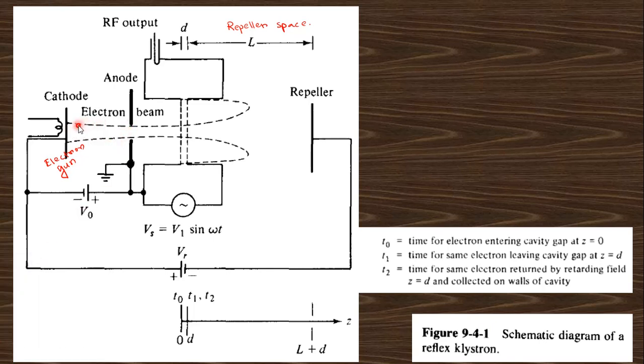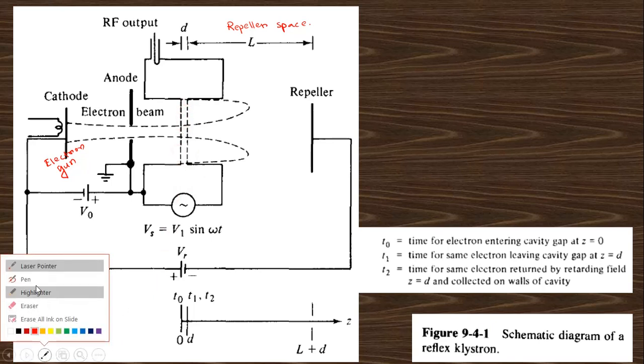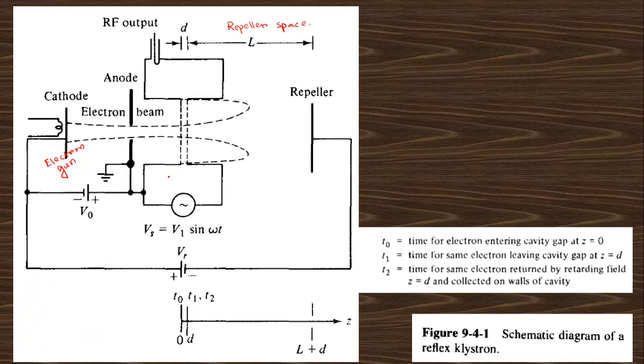The electrons are ejected and focused due to the field, and after passing through this gap they change their velocity. That means velocity modulation arises within that region.